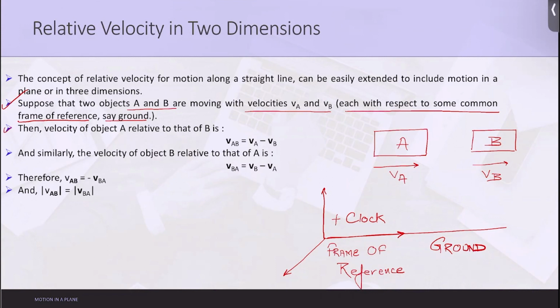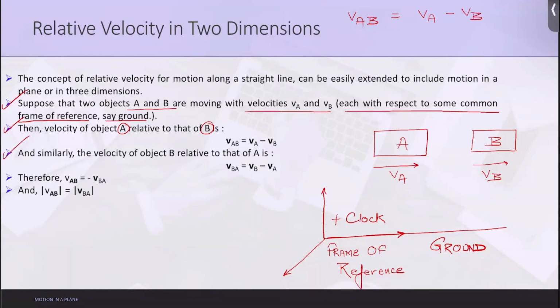Then the velocity of object A relative to that of B, how can we write this? Velocity of A relative to B is, in a similar form to what we understood in motion in a straight line, VAB is equal to VA minus VB.